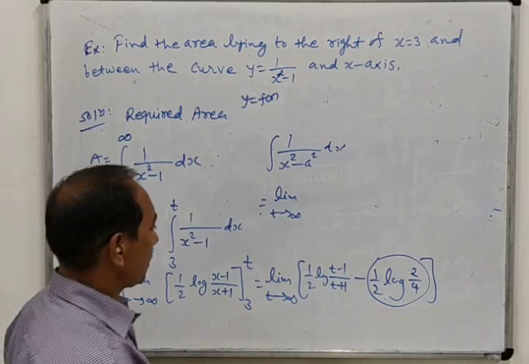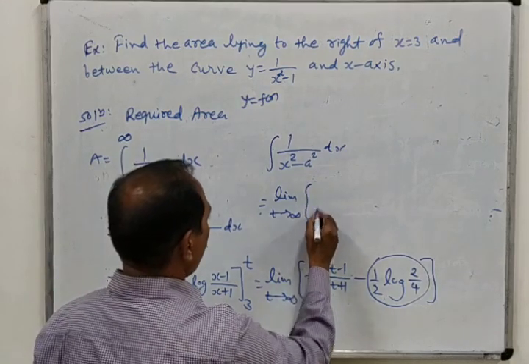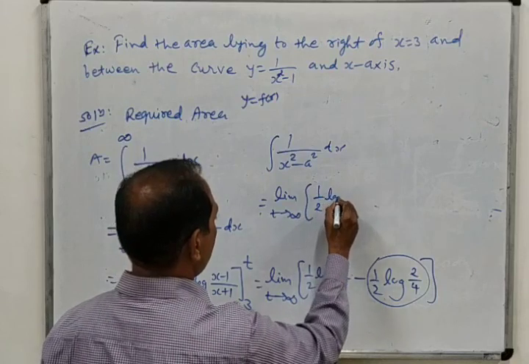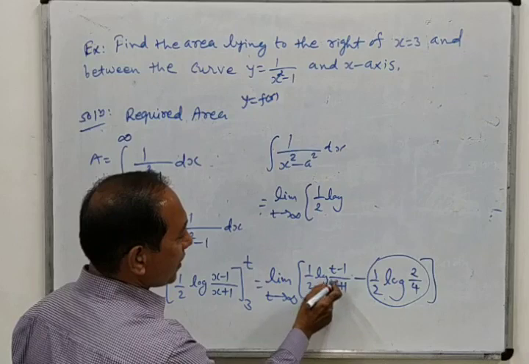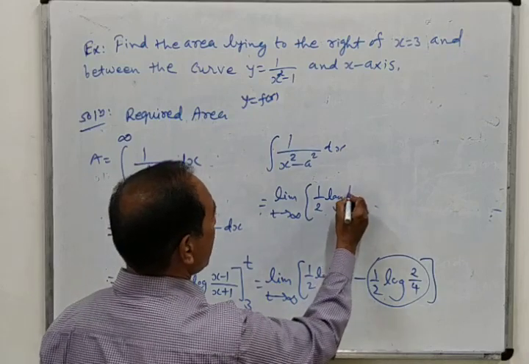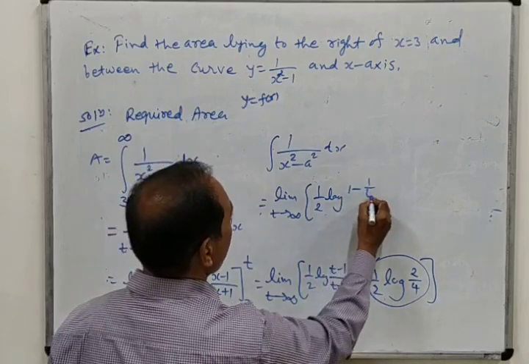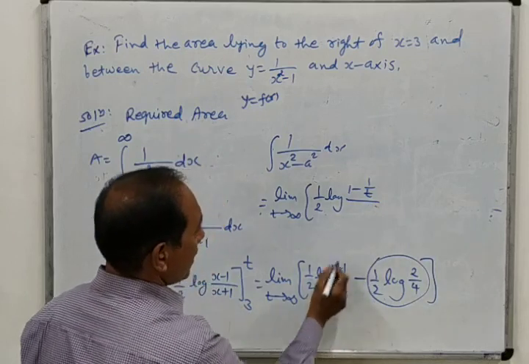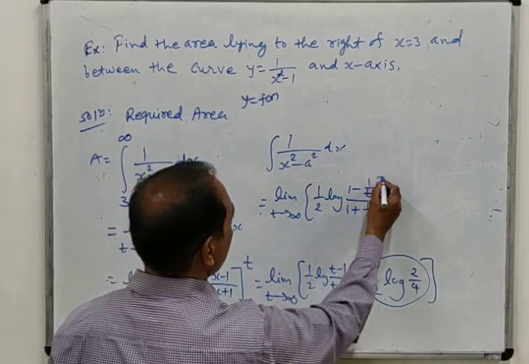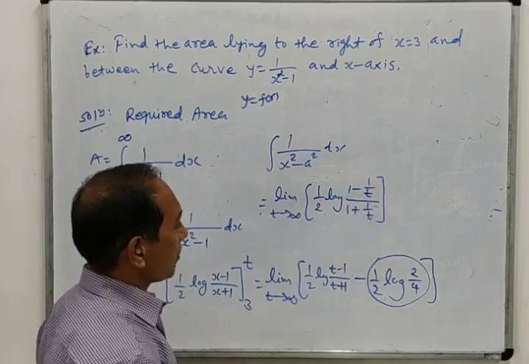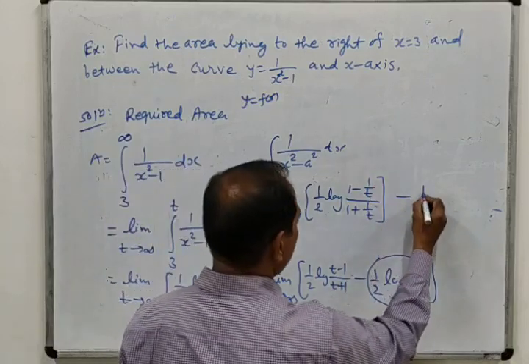So we will put it into a simple form. We will divide the numerator and denominator by t. If we divide the numerator by t, we get 1 minus 1 upon t, and dividing the denominator by t gives 1 plus 1 upon t.